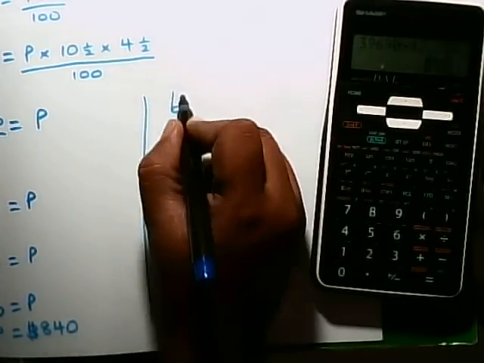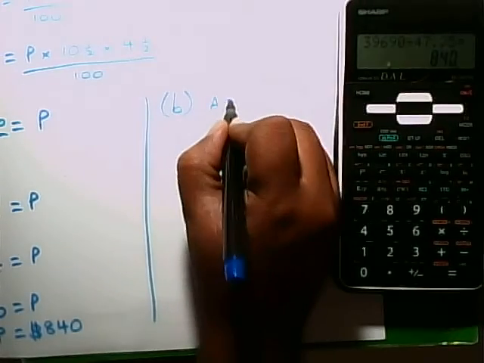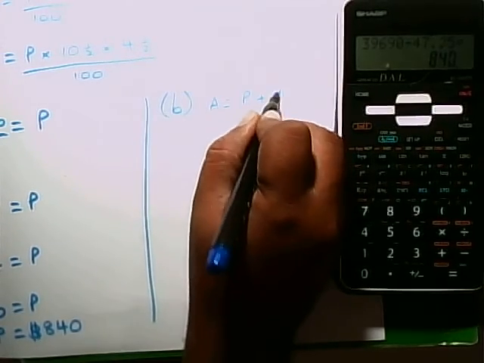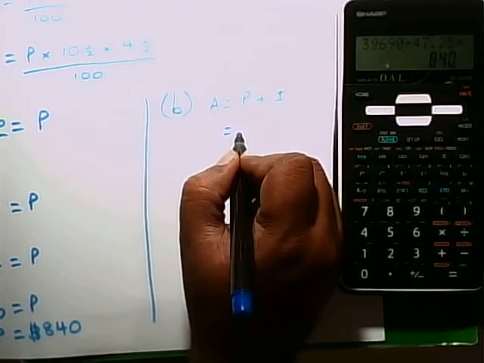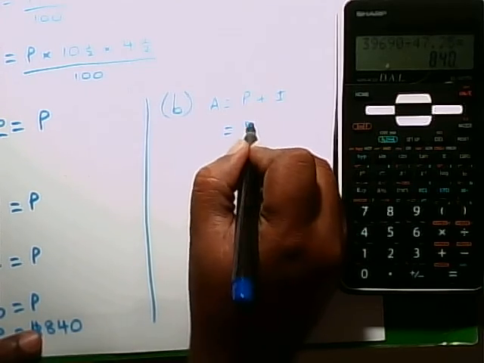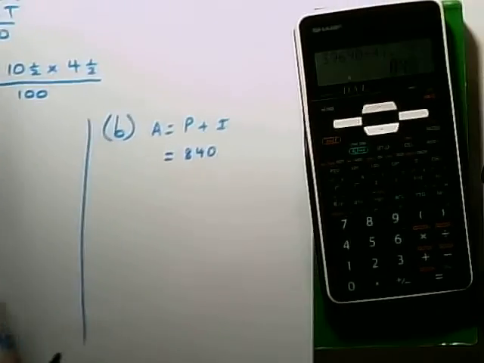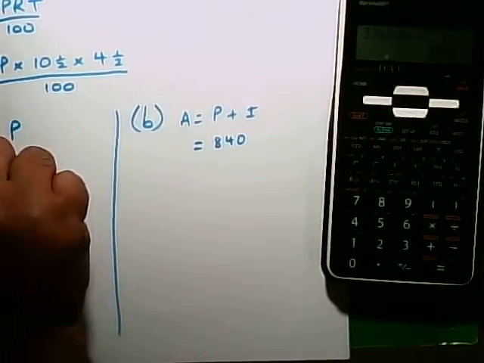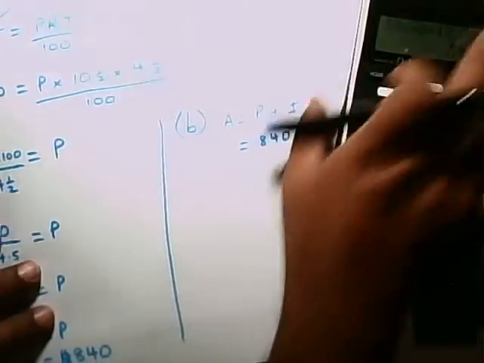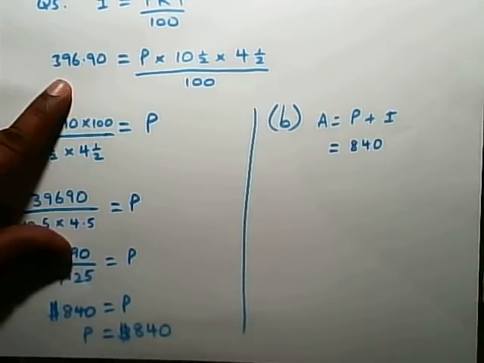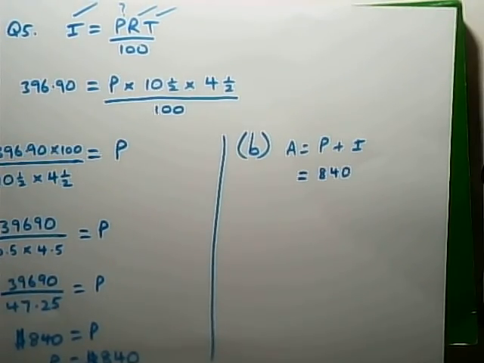Let's go ahead with part B. The amount accrued is principal plus interest, and the principal was 840 that we just worked out, and the interest was 396.90.